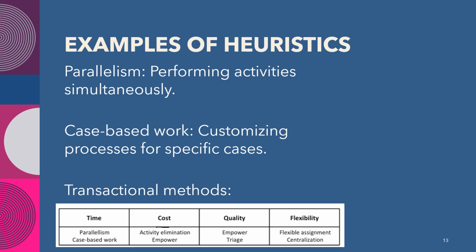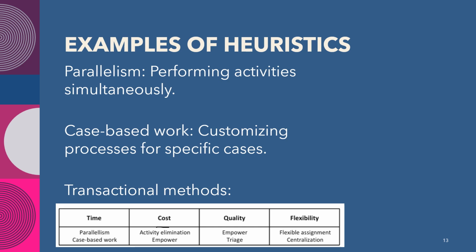Case-based work is another example, which ensures that the processes are tailored to the unique needs of each case, improving overall effectiveness. For example, a logistics company might use parallelism to manage multiple shipments simultaneously, which reduces delivery times and improves customer satisfaction.